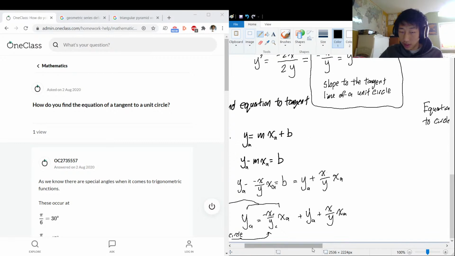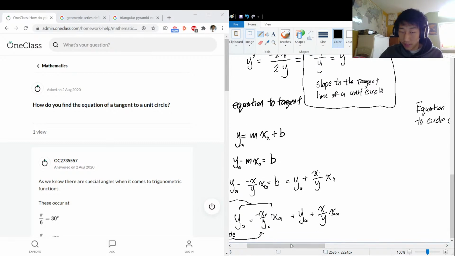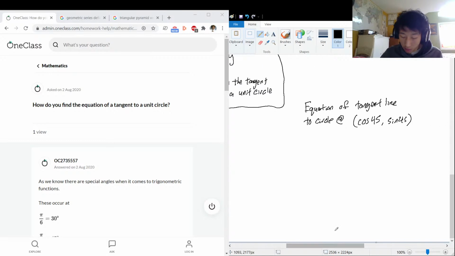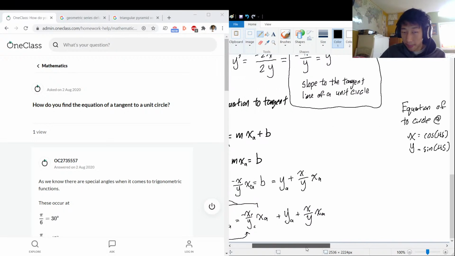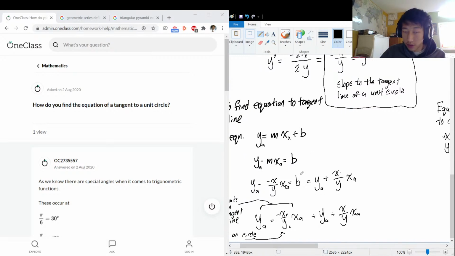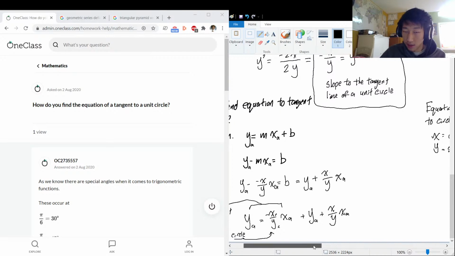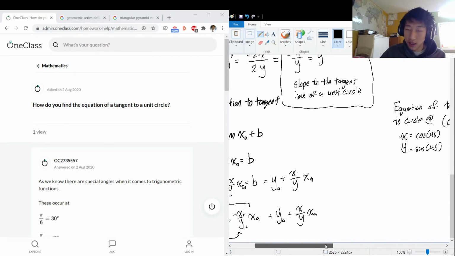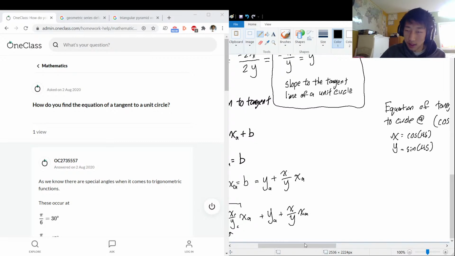So we can go to these equations, and we know that our x value is cos 45 and our y value is sine 45. Given that, we can make some subs into our equation right here to solve for b. The subscript a and the other ones are going to be the same.